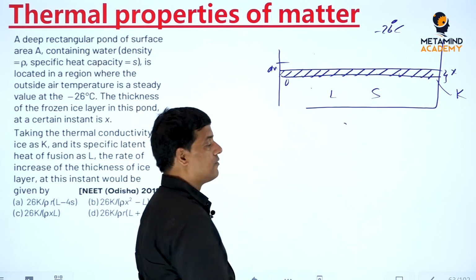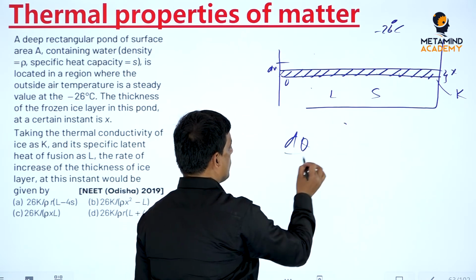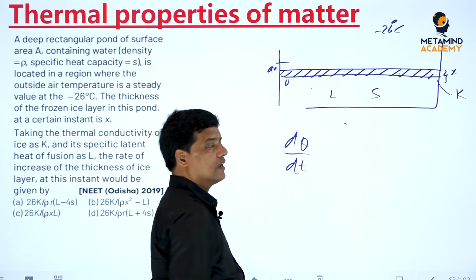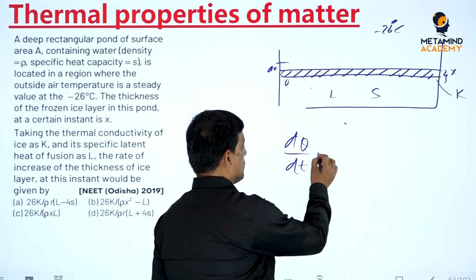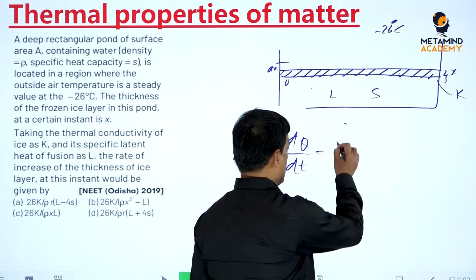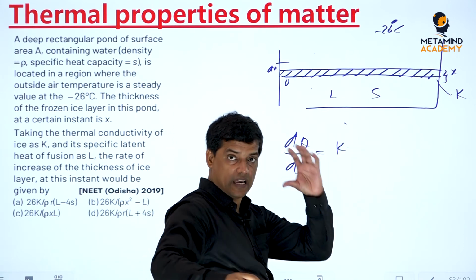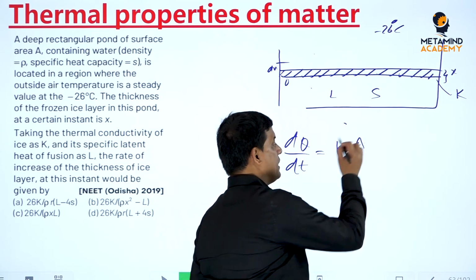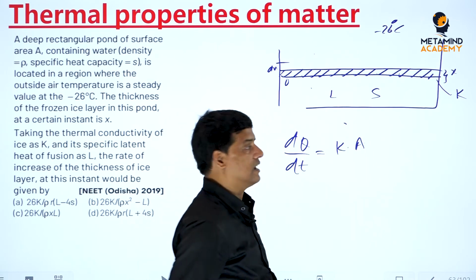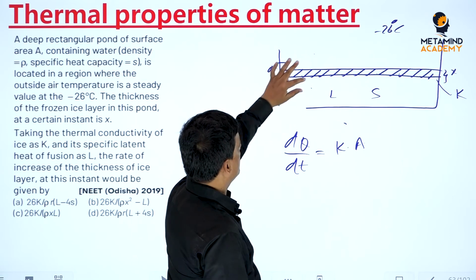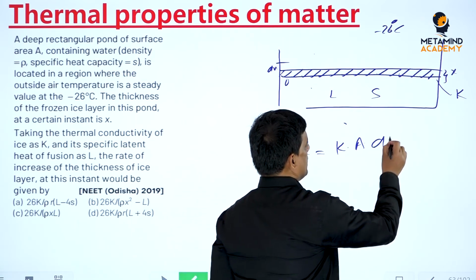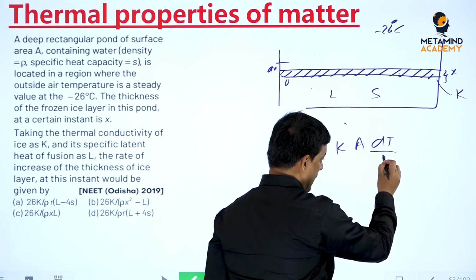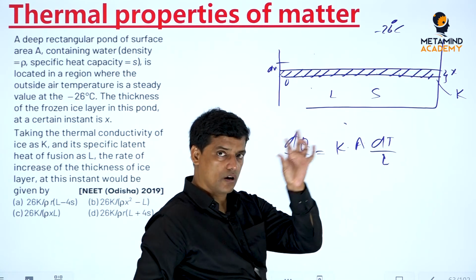Rate of heat flow dq by dt. Rate of heat flow out or in is equal to thermal conductivity K, area of the block A and temperature gradient. So, what is the temperature gradient? Here it is 0, there it is minus 26. You say dt by L. L is the length on which it is there.